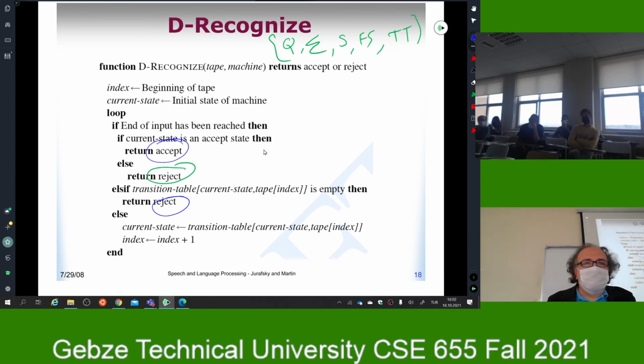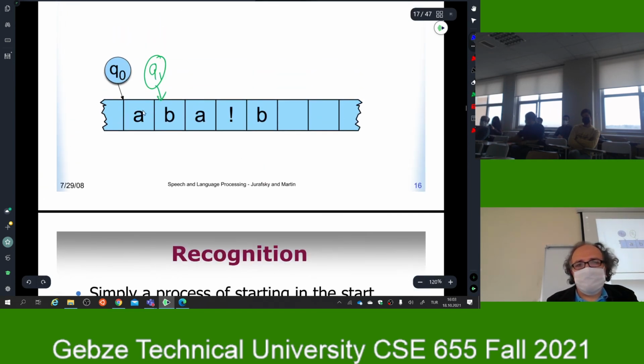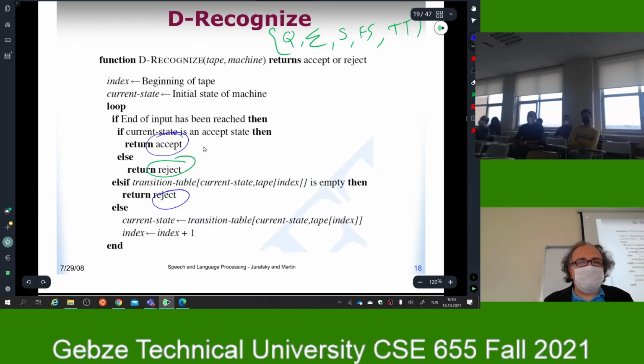It keeps reading the input tape. Every time it reads, it updates its state and makes these transitions. When the tape ends, it produces either accept or reject.